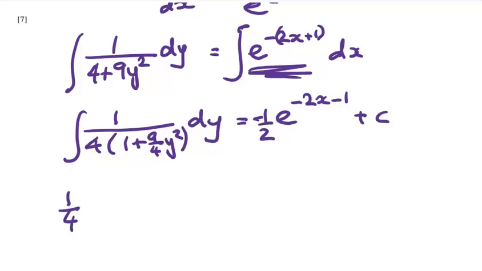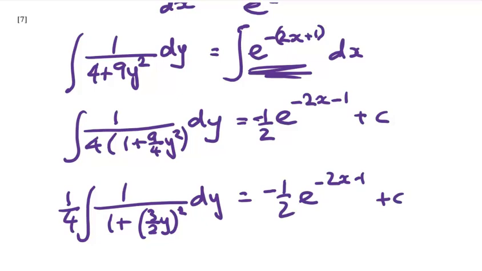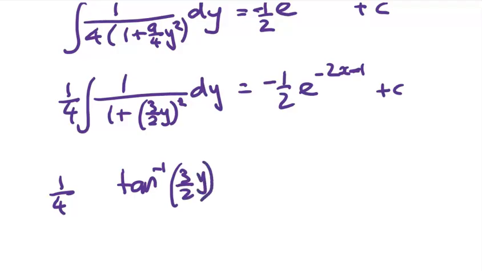Well, I've got 1/4 of 1 over 1 plus 3 over 2y squared dy is equal to my right-hand side. So that's going to give me 1/4 times tan inverse of 3 over 2y, but I have to undo my derivative of the inside function, so I need to times by 2/3.